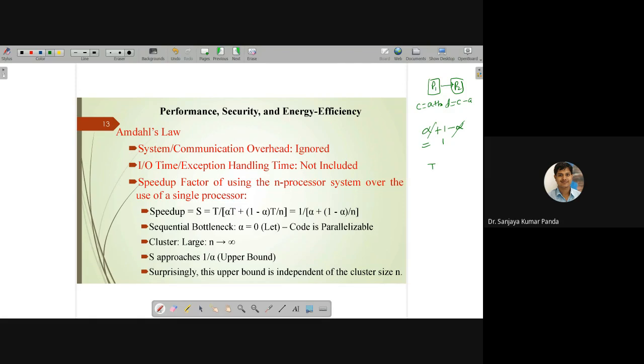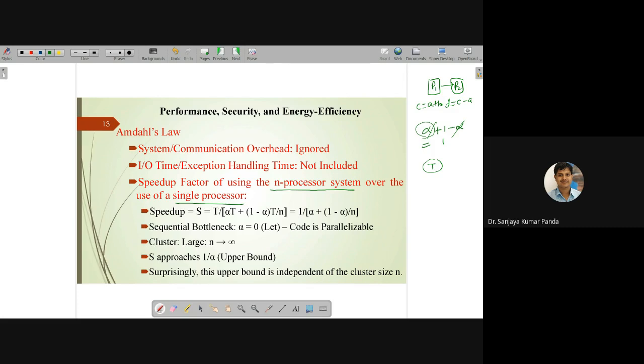While calculating the speedup factor, you have to compare the performance of a non-pipelined processor against a pipelined processor. So the speedup factor of using an n processor system over a single processor system.